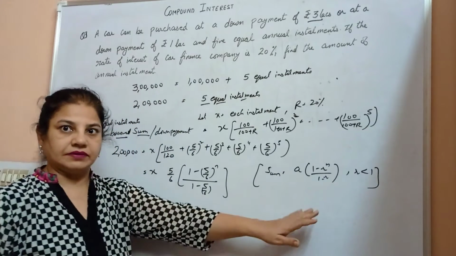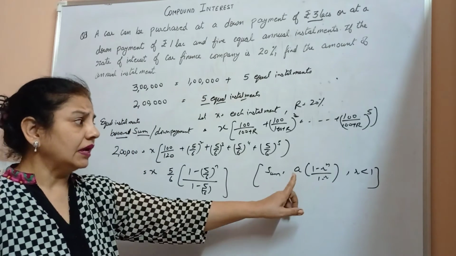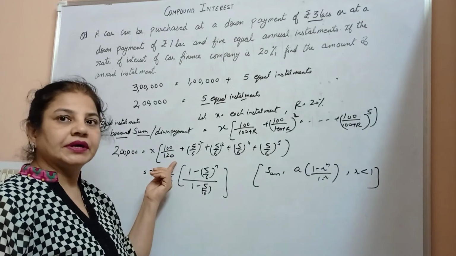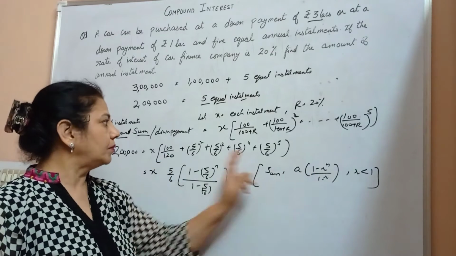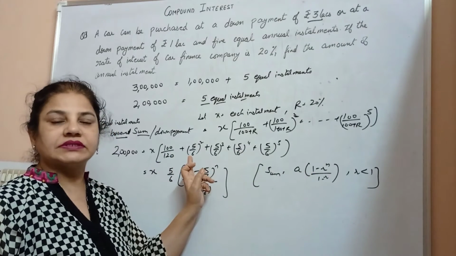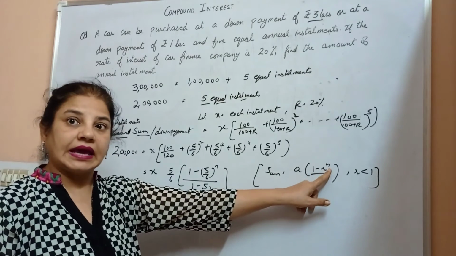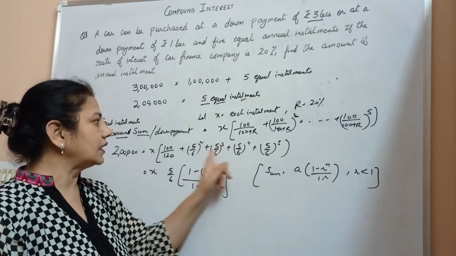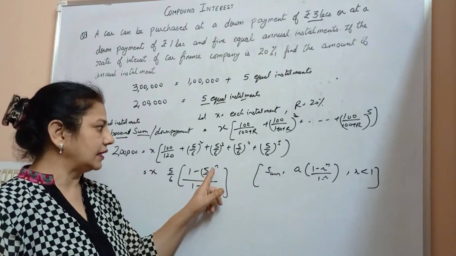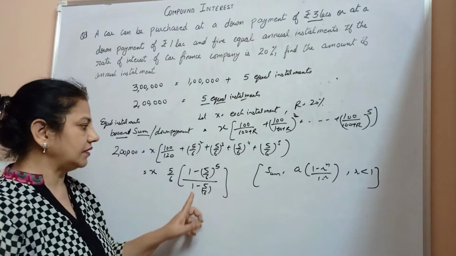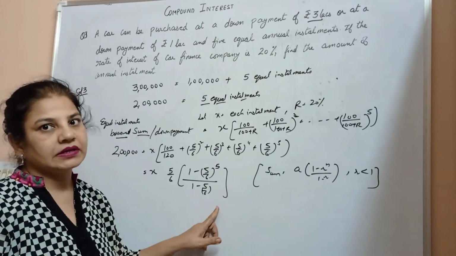We have used this formula. A is the first term. First term is 100 by 120, meaning 5 by 6, and the common ratio is clearly 5 by 6. N means number of terms. There are 5 terms, so I have written n as 5.